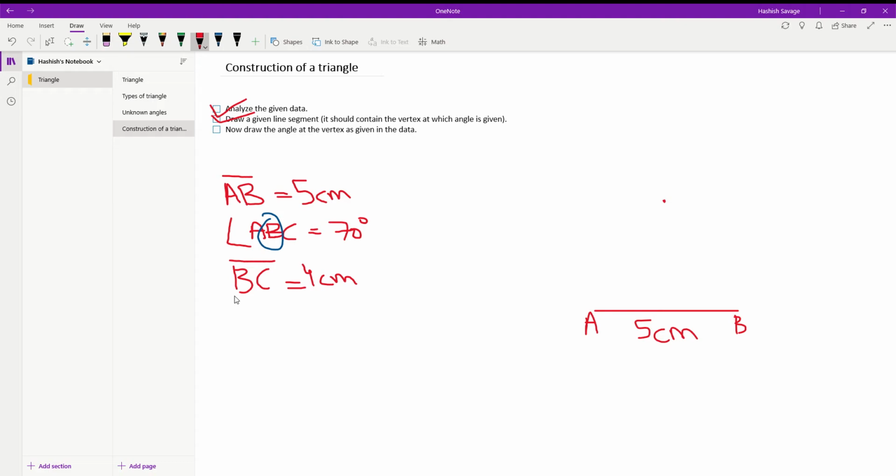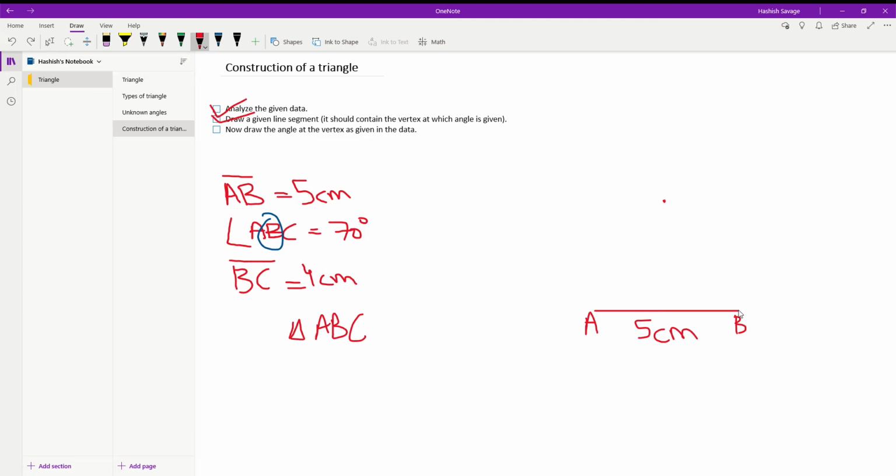Now our second line is BC. Whatever the vertex over here, that will be vertex C, because a triangle is a figure with 3 vertices, so it will be triangle ABC. This will be C, and the distance from B to C is 4 centimeter.